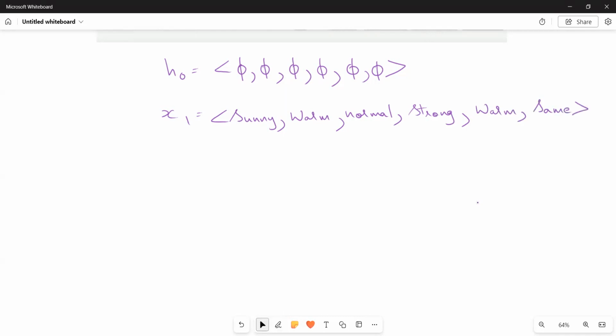Then we start with your first iteration. What happens here is you have a comparison: null with sunny, null with warm, null with normal, null with strong, null with warm, and your last one, null with same. You compare and write your iteration.